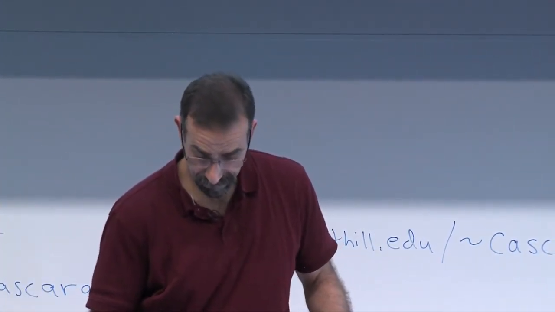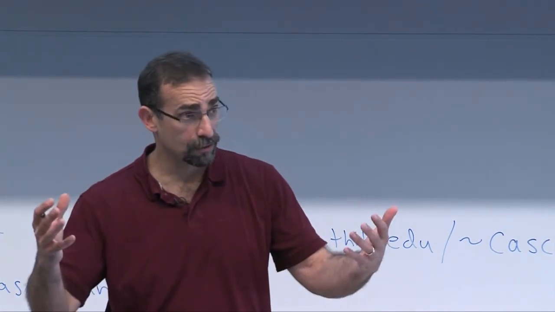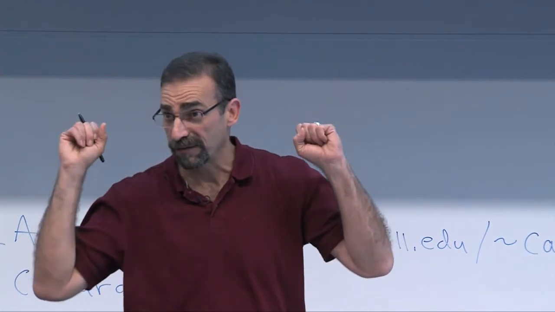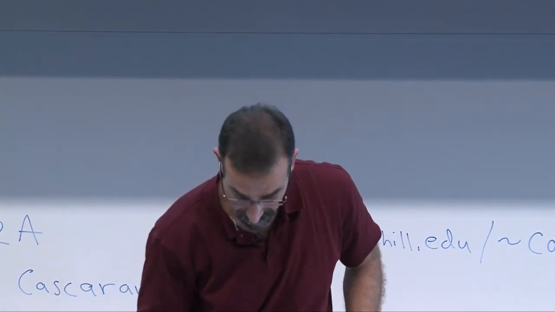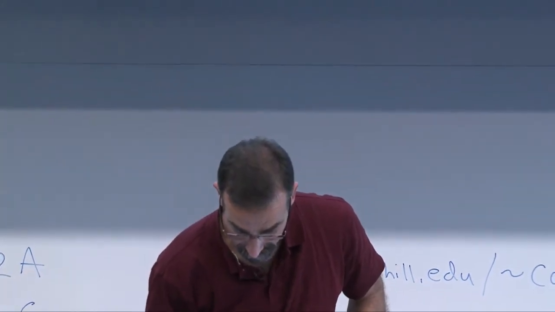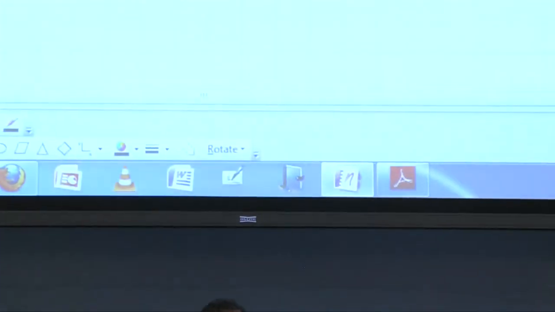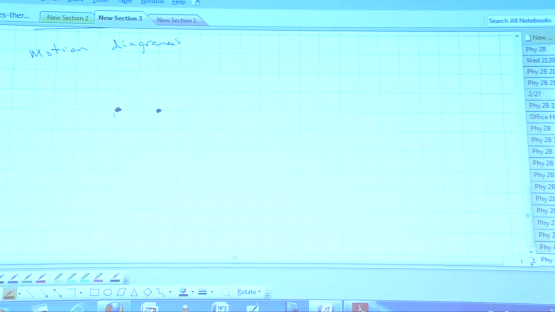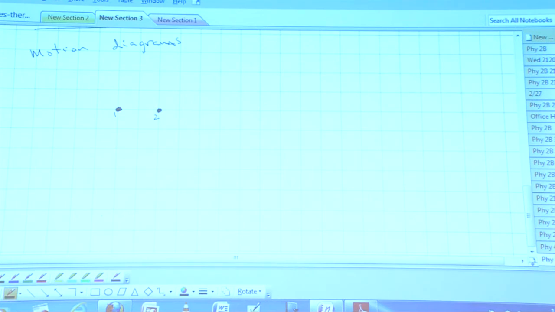So if we're in a dark room and our object is moving across the room and a strobe light goes off, we see the object right here. Then the strobe light goes off for a certain period of time, it comes back on, and the object is now over here. The strobe light goes off for a certain amount of time, flashes, and we see the object over here. And remember, these flashes have to be at equal time intervals.